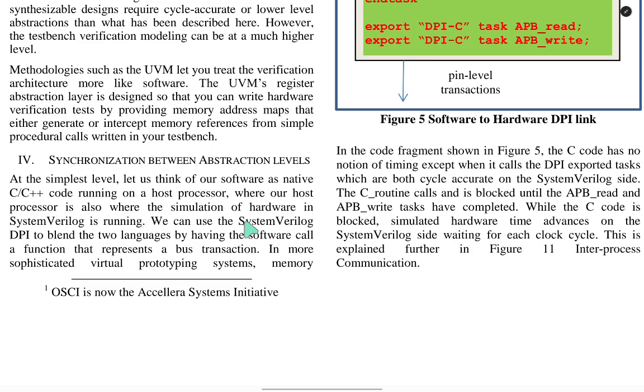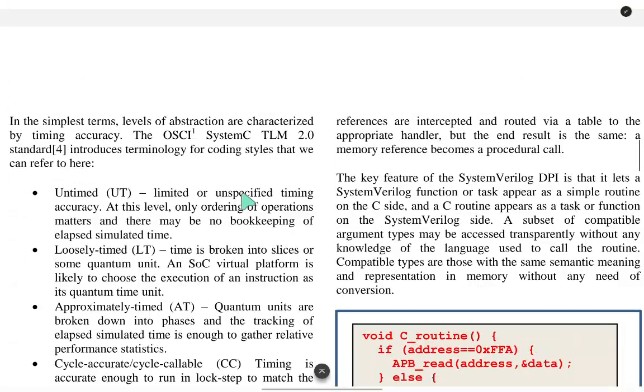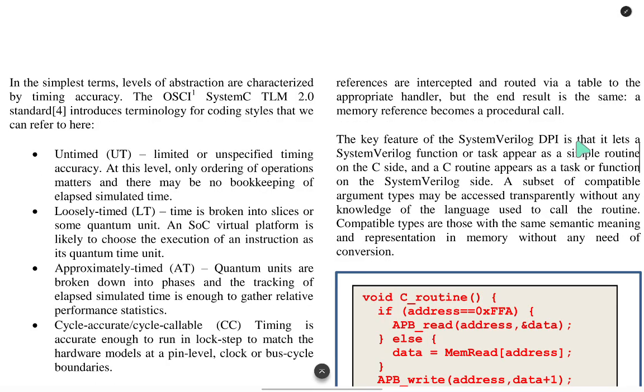We can use the SystemVerilog DPI to blend the two languages, having the software call a function that represents a bus transaction. In more sophisticated virtual prototype systems, memory references are intercepted and routed by a table to the appropriate handler, but the end result is the same. A memory reference becomes a procedural call.